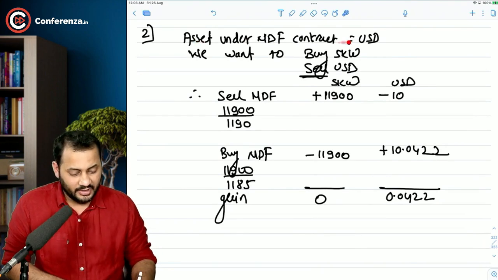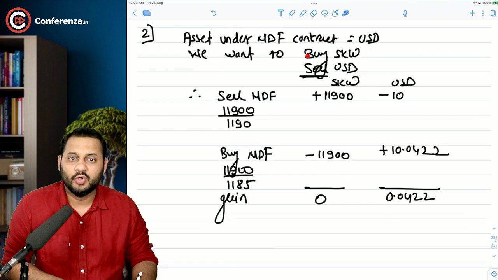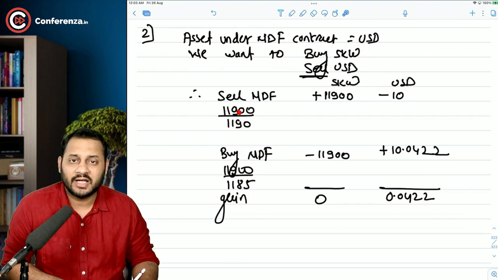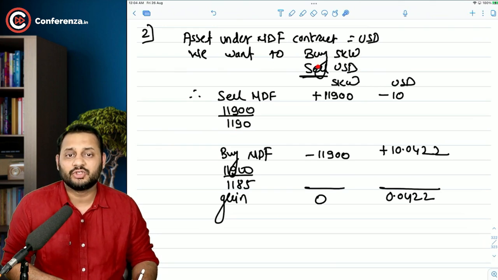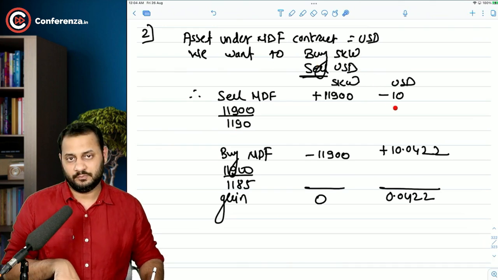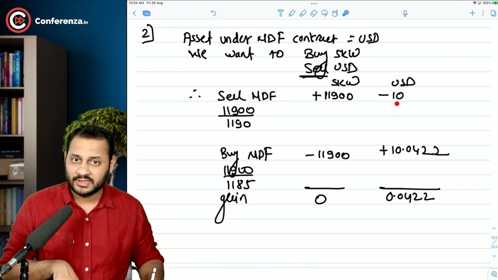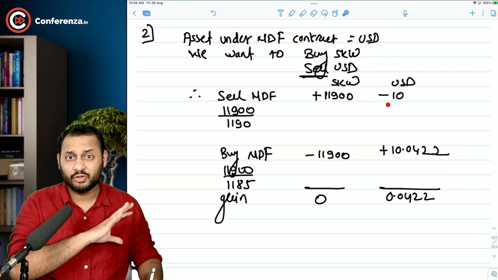Asset under NDF was US dollar. You wanted to buy KRW by selling US dollar. So 11,900 is the KRW amount that we have to buy at this rate. How much US dollar will we have to sell? 10 lakhs. This is all notional amount.